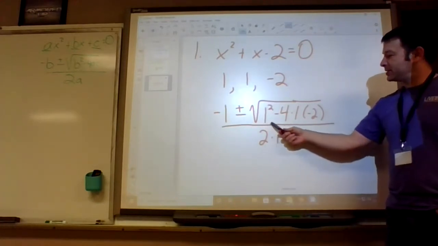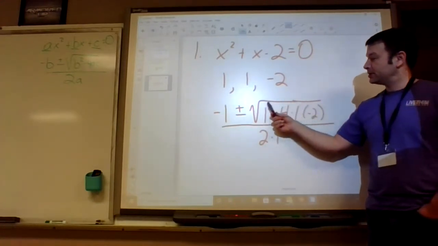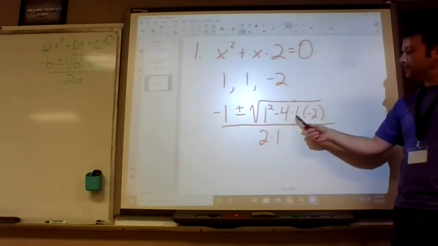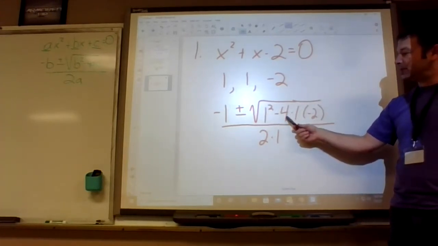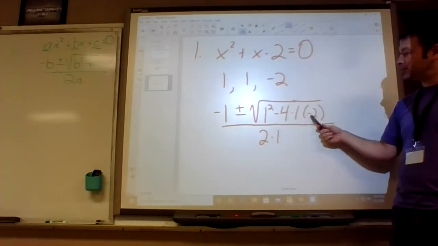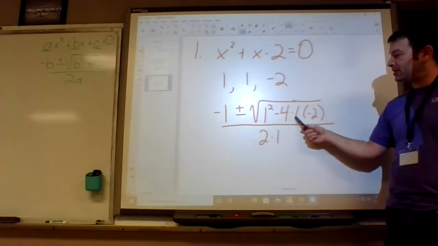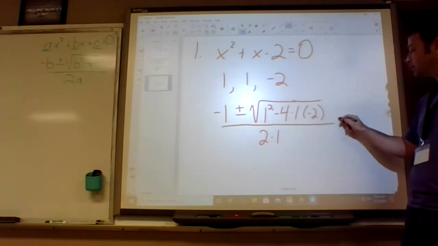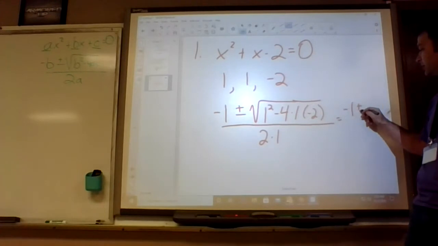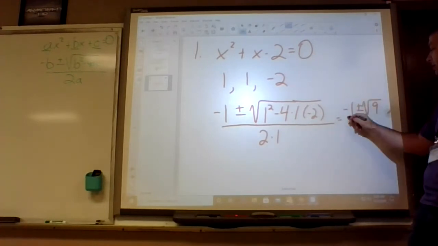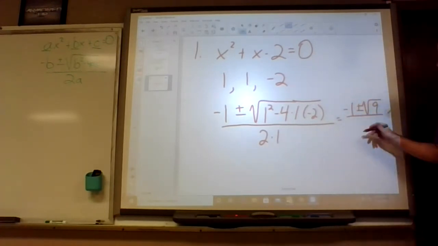So most of the action is right here under the square root. Basically this is -4 times 1 times -2, which is positive 8. 1 squared plus 8 is 9. So this is -1 plus or minus square root 9 over 2.